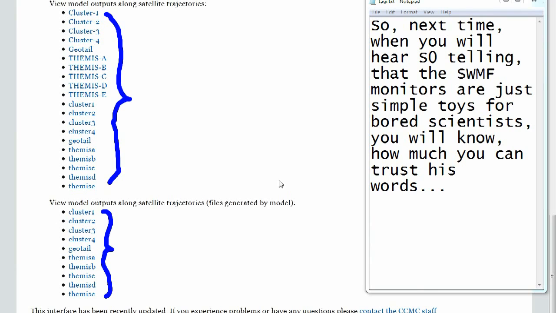So, next time when you will hear suspicious observers telling that the SWMF monitors are just simple toys for bored scientists, you will know how much you can trust his words.